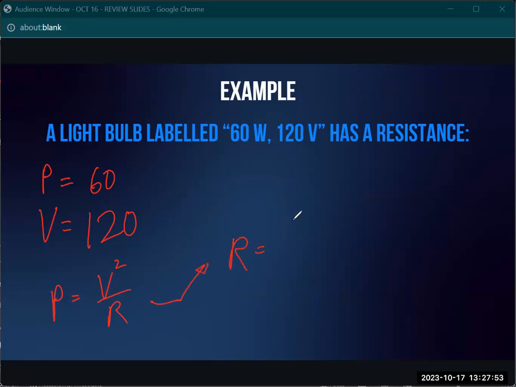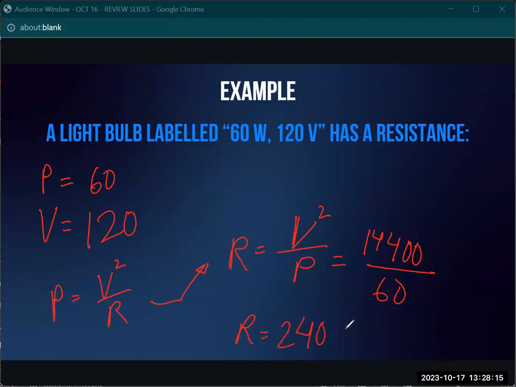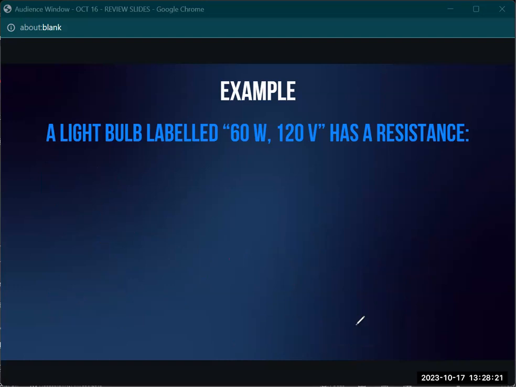Magiging R equals V squared over P. In this case, ang makukuha natin V squared is 14,400 over 60. So, magiging resistance natin is 240 ohms. Ito ang symbol for ohms pala.